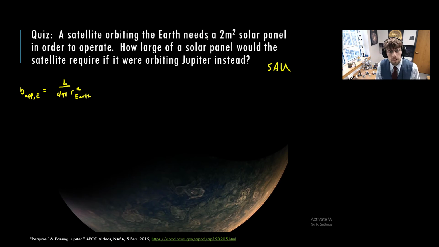Well, what's the apparent brightness when seen from Jupiter? That would be the luminosity of our sun over 4 pi times the distance squared, and now it would be 5 AU, so 5 times the distance of the Earth to the sun, squared. In other words, the apparent brightness would be down by a factor of 25.